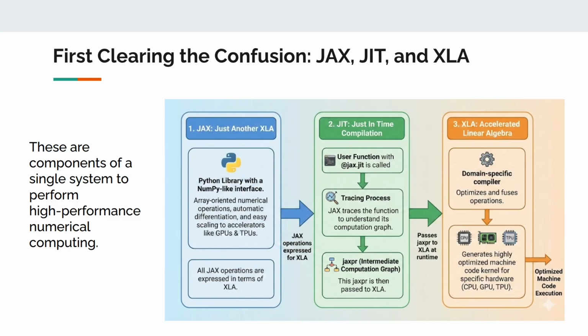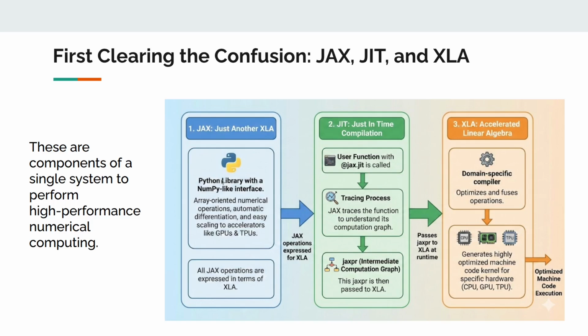Before we understand the programming aspect of JAX, let us clear the confusion between JAX, JIT and XLA. All these three components are part of a single system that performs high performance numerical computing. To understand the relationship between these three, you have to start with JAX, which is a Python library that has an interface similar to NumPy.